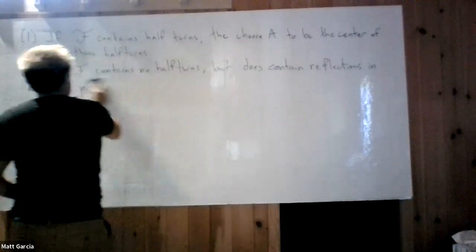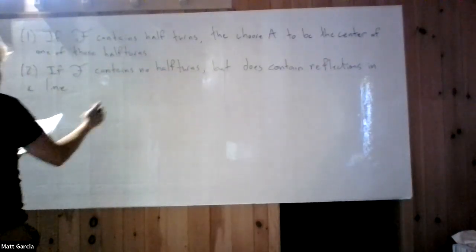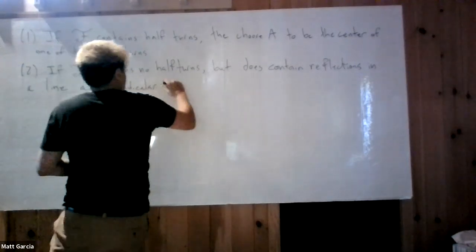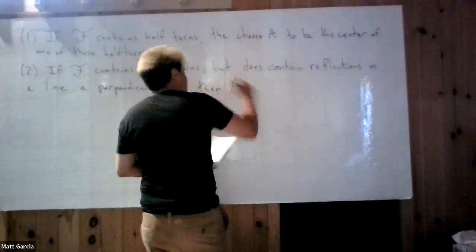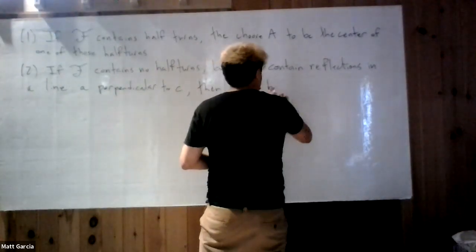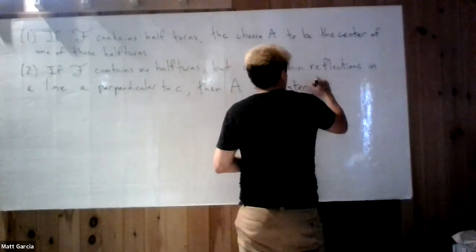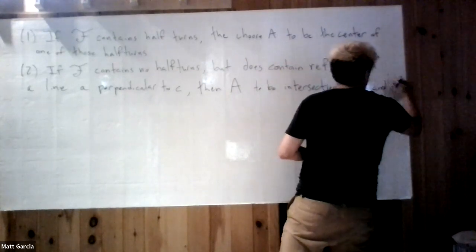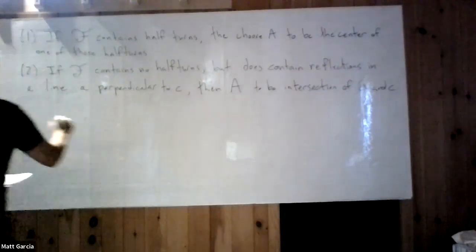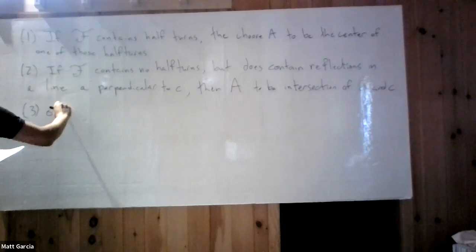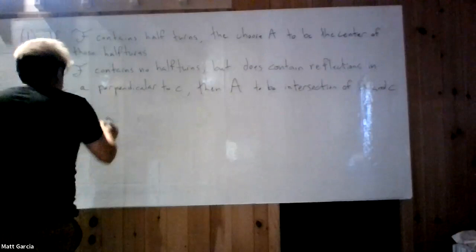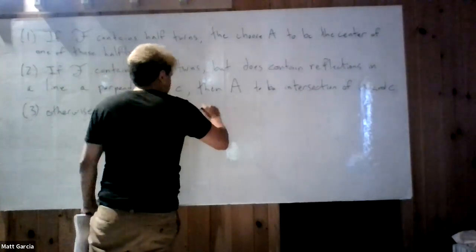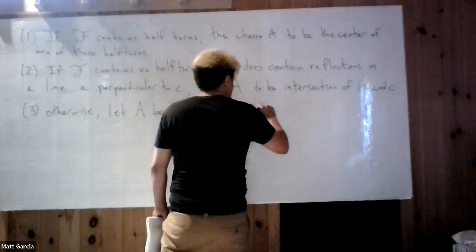A line, let's say little a, perpendicular to C. Then we'll choose our point A to be the intersection of little a and C. And otherwise, case 3, we just take A to be any point on the line C.